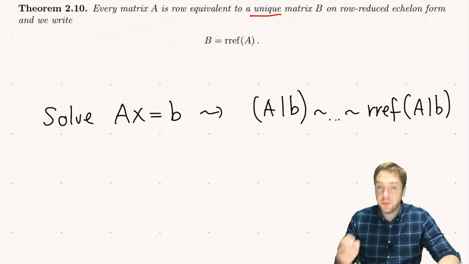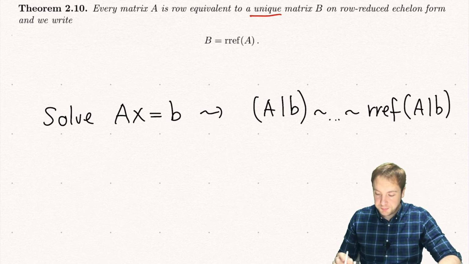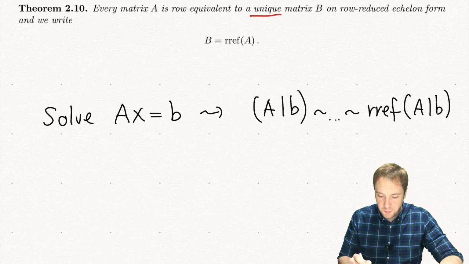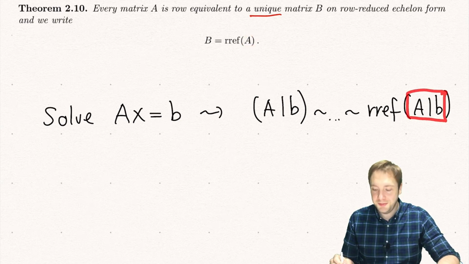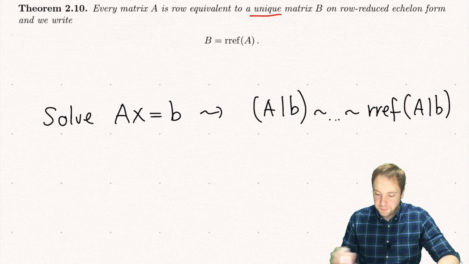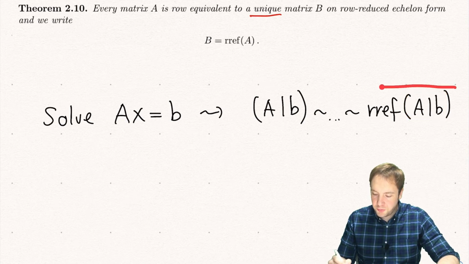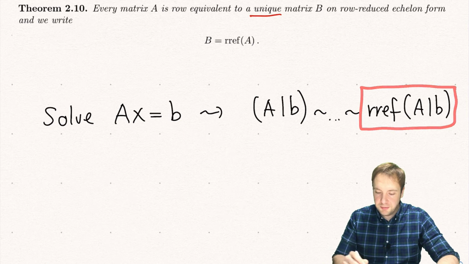So it will be the row-reduced echelon form of an augmented matrix. Don't get confused now, this is also an A, but in this case this whole thing here is the matrix A.